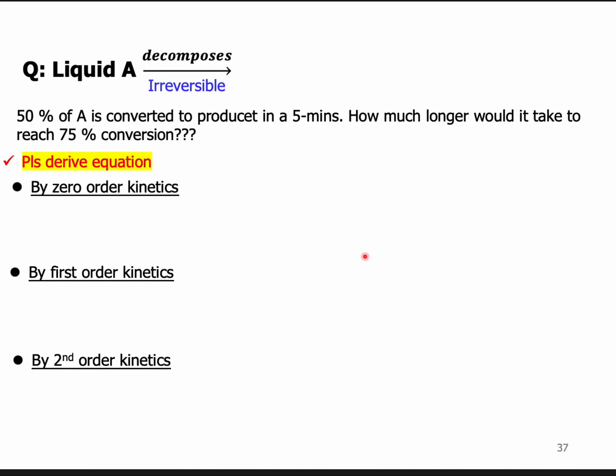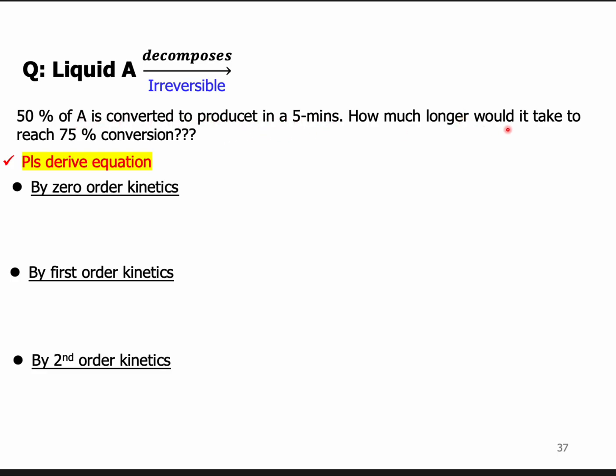And next, this is the last example I hope you can try to practice here. I have a decomposition process for liquid A. So the liquid A will decompose to product, and this is an irreversible process. And as I know, 50% of A is converted to product in 5 minutes.